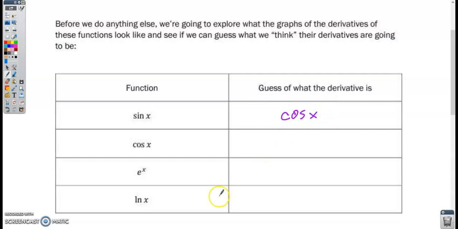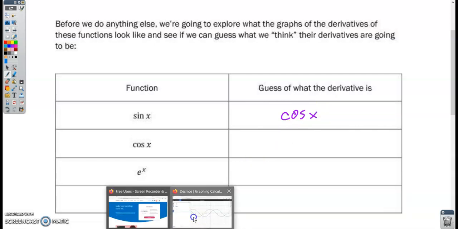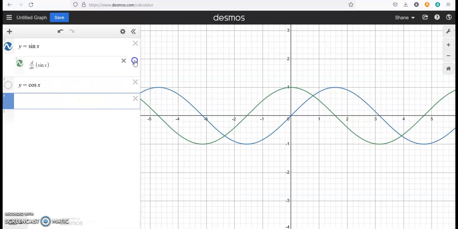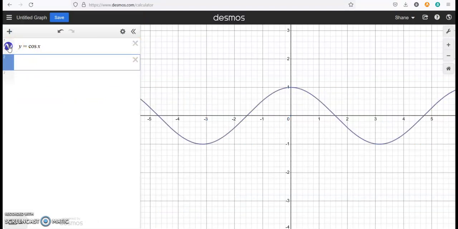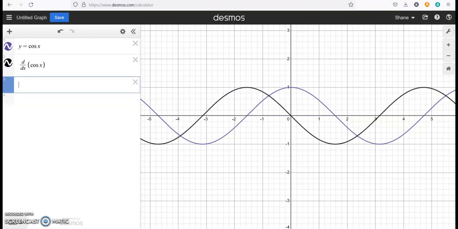Okay. Let's try the same thing for the function cosine of x. So I can just leave cosine of x on my graph. There's cosine of x. And I can graph the derivative of it. Looks like another, maybe it's the sine of x, maybe it's something else. Let's see, why don't we try y equals sine of x. Oh, nope, the red graph and the black graph aren't the same.